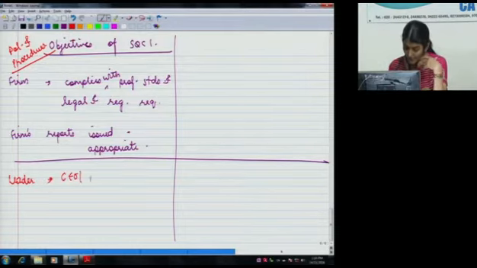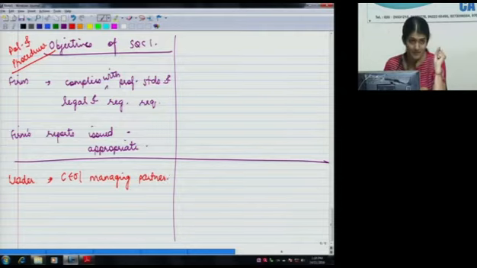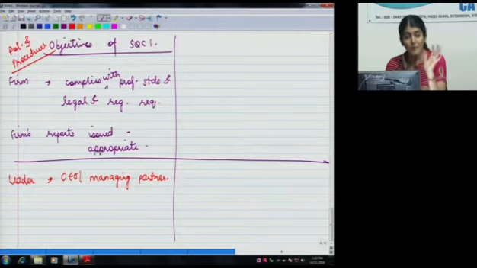The CEO, the managing partner, the senior most partner of the firm. These are examples of leaders for SQC1. So why policies and procedures? One, to ensure that the firm complies with the professional standards and legal regulatory requirements. And second, that the firm's reports issued are appropriate in the circumstances.